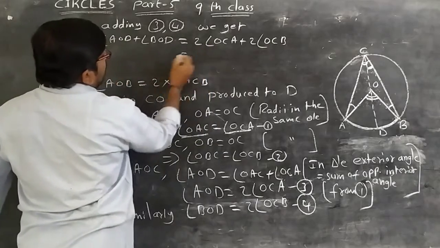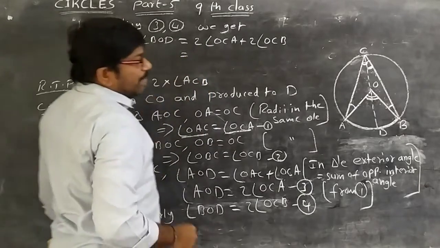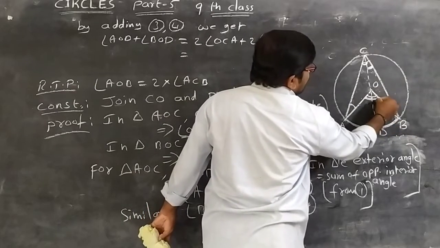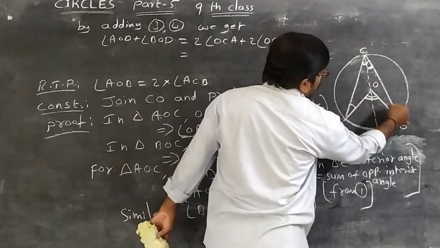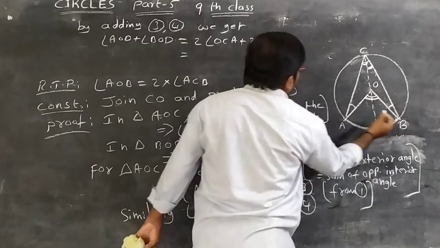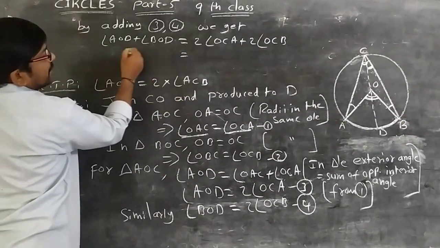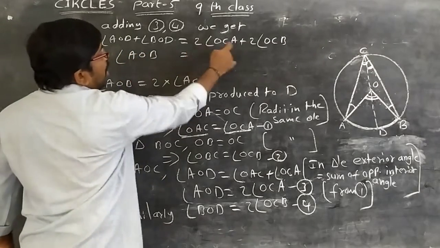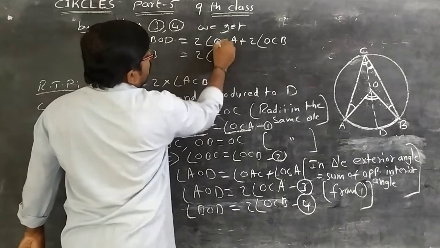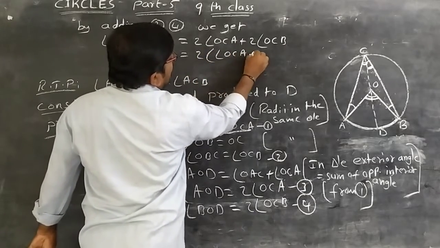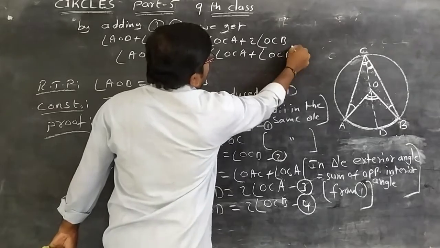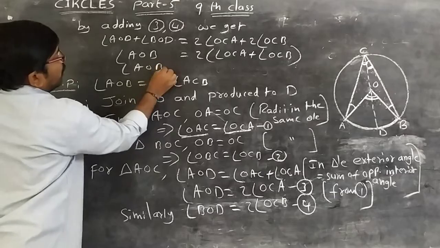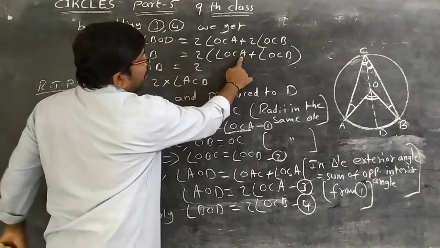AOD plus BOD, this angle plus this angle, can be written as the total angle AOB. Take 2 common on the right side: angle AOB is equal to 2 into (angle OCA plus angle OCB).